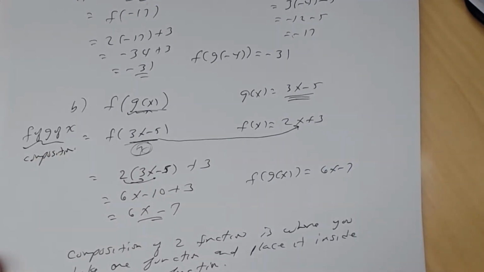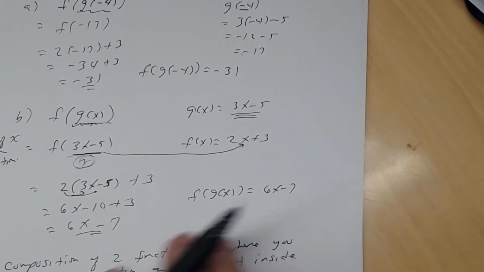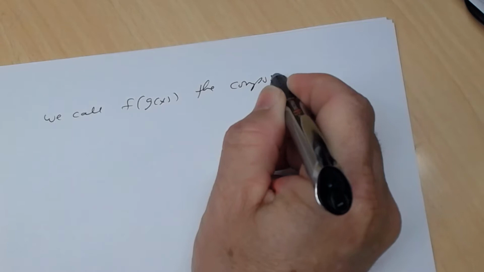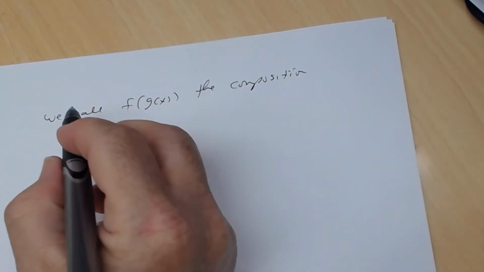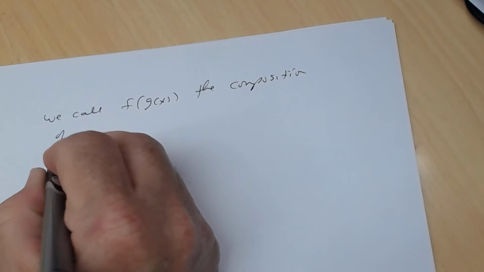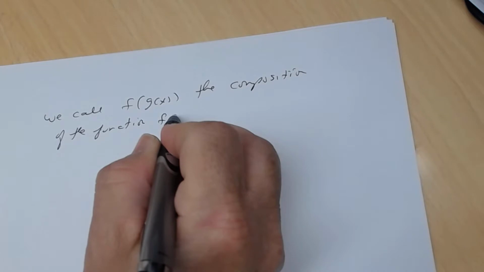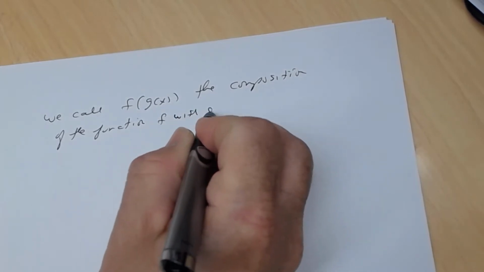All right. Now here's the notation. Notation will be important. So listen carefully to the next statement. We call f of g of x the composition of the function f with g.